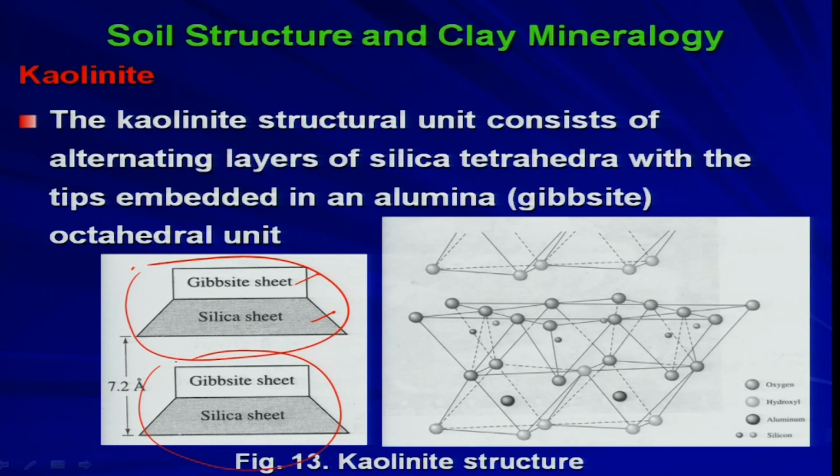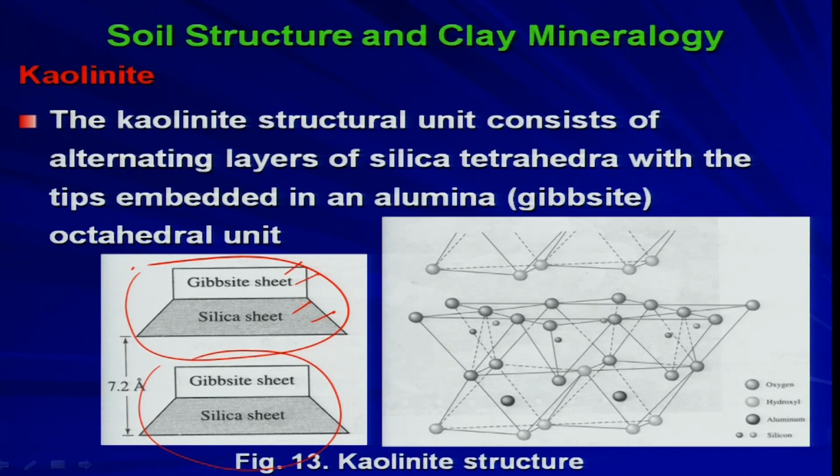The basic sheets are the Gibbsite and the silica sheet. These basic sheets are stacked together in the alternating arrangement, and they will form the kaolinite structural unit.